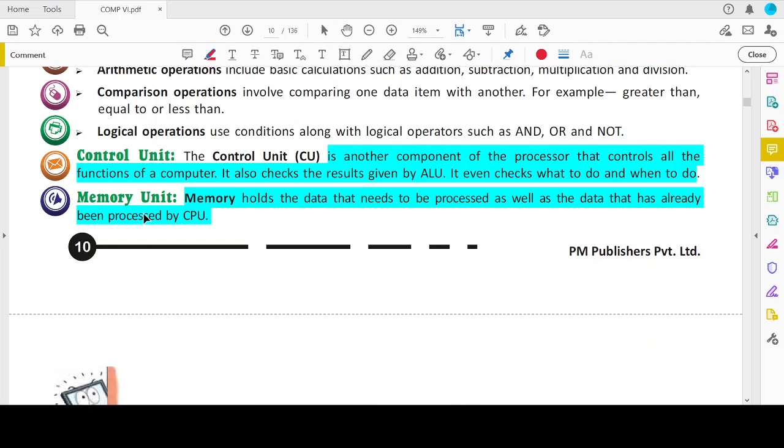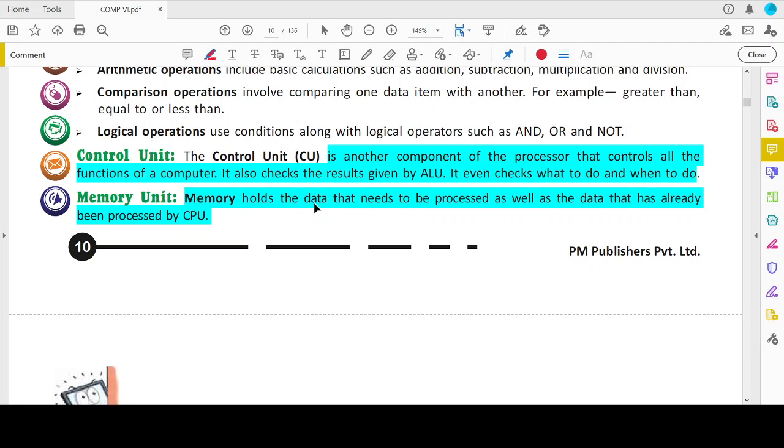Next is the memory unit. The memory unit, or the memory, holds the data that needs to be processed as well as the data that has already been processed by the CPU. So when you are giving some instruction to process data, you are giving an instruction, that is data, and you are also giving some data on which the instruction will work.